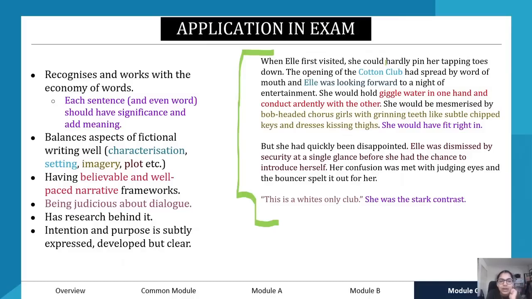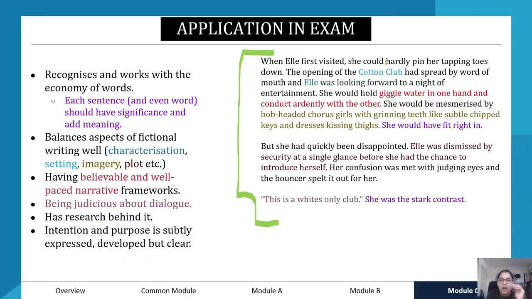She would have fit right in, but she had quickly been disappointed. Elle was dismissed by security at a single glance before she had the chance to introduce herself. Her confusion was met with judging eyes, and the bouncer spelled it out for her. This is a whites club only. She was the stark contrast.